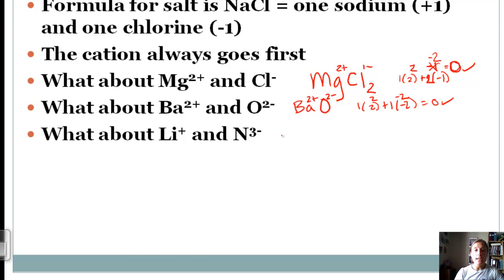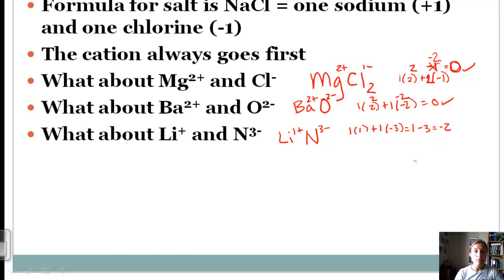Alright, what about lithium and nitrogen? Lithium is a 1+, nitrogen is a 3-. Okay, and again, notice I'm writing them close together. It's like one word, and I'm just making the charge a superscript. Okay, well, as it's written right now, I have 1 that is equal to a +1, plus 1 that is a charge of a -3. So I have 1 minus 3, which gives me a -2.